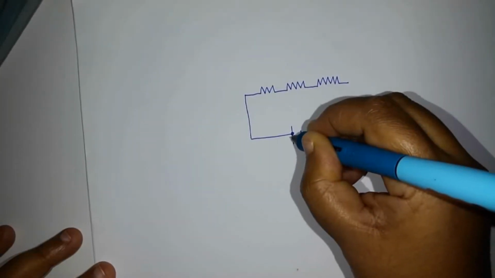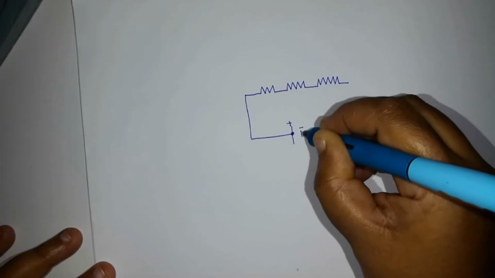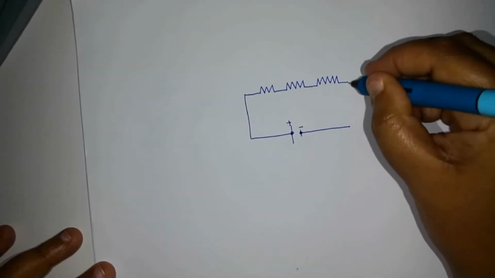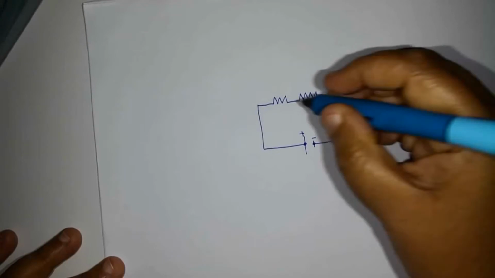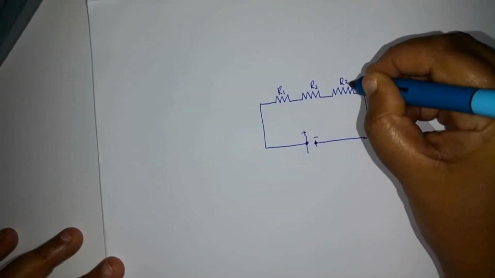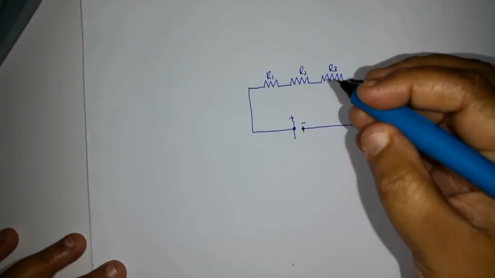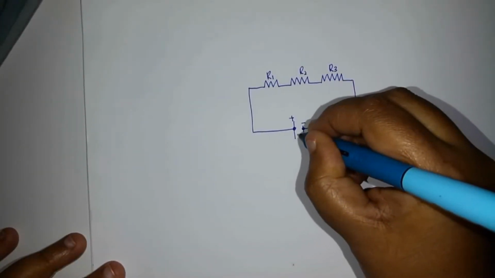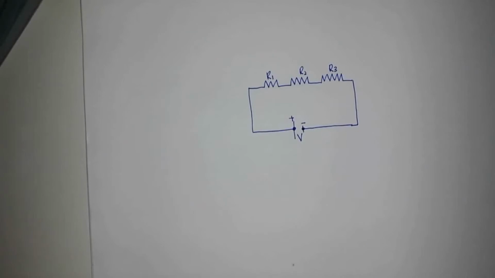This is positive, this is negative. This resistor is R1, this is R2, this is R3, and the EMF of the cell, I'm just going to label as V. Alright, so we are going to use Kirchhoff's law for this circuit.